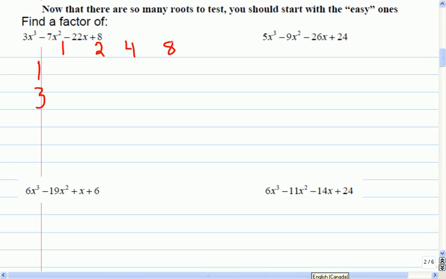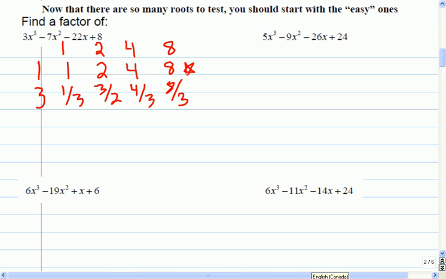So in this example, if we wanted to find a factor, I would suggest that you start with this row here and cross your fingers that you can get it on the first row of whole numbers. But if not, it means we'd have to move down. So let's see if you can find one of those factors now using the rational roots theorem.